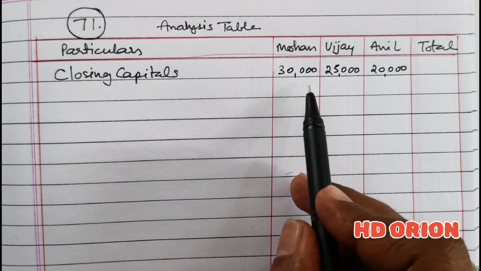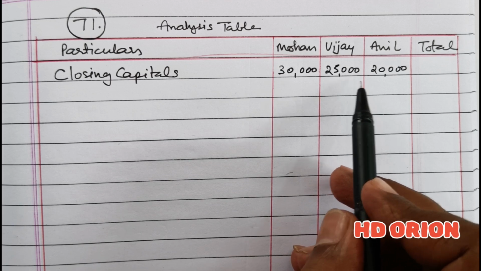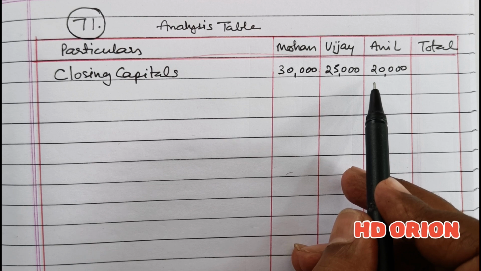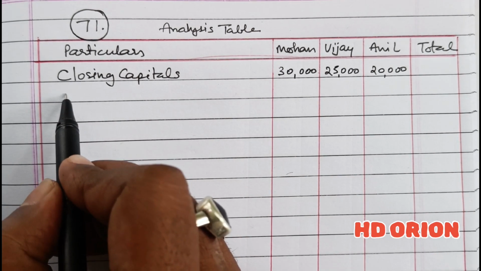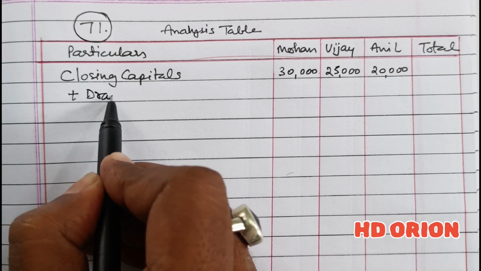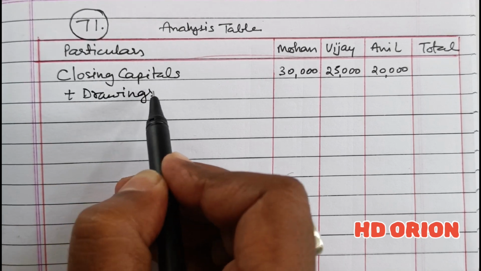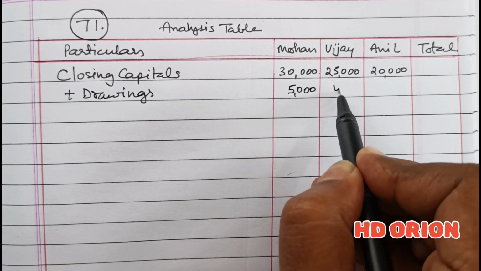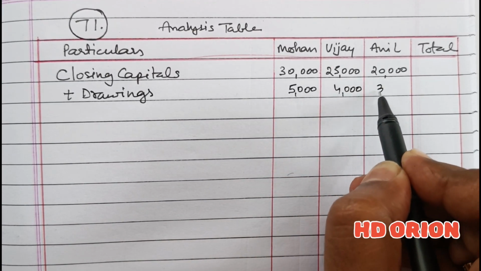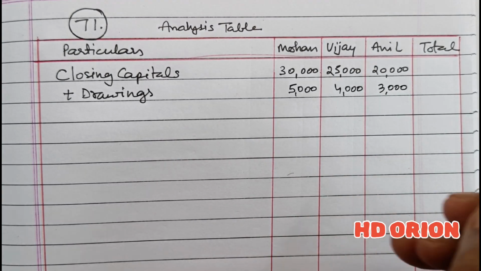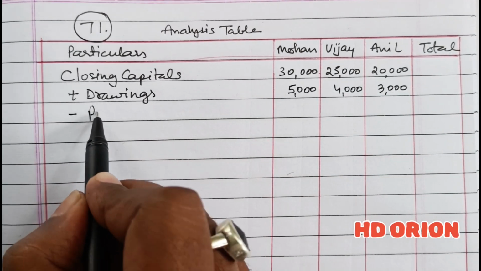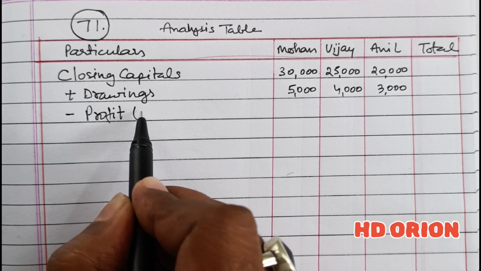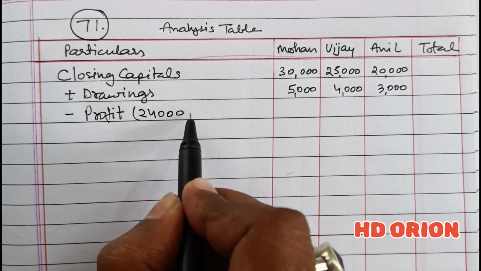Now these capitals are arrived after providing profits to the partner and after deducting the drawings. So we will add back drawings to calculate the opening capital balances of the partners. That is 5,000 and 4,000 and rupees 3,000 for the partners as given in the question. And then we will deduct the profit already given to them, which was given in their profit sharing ratio. 24,000 was the profit.